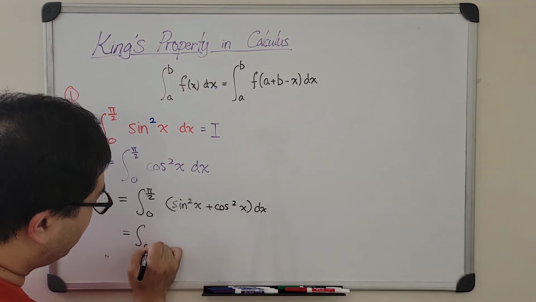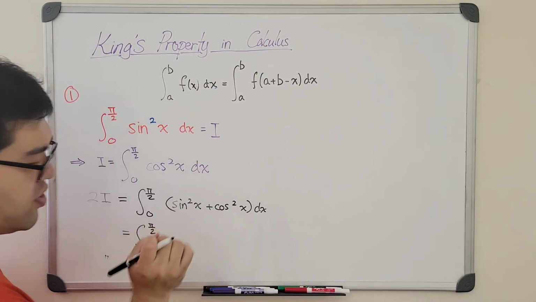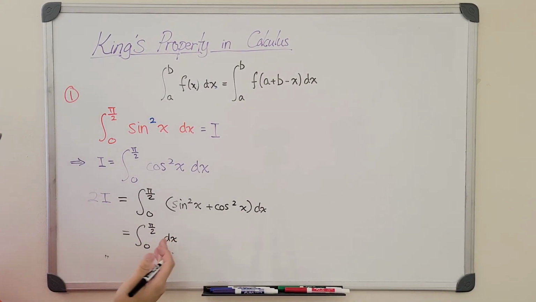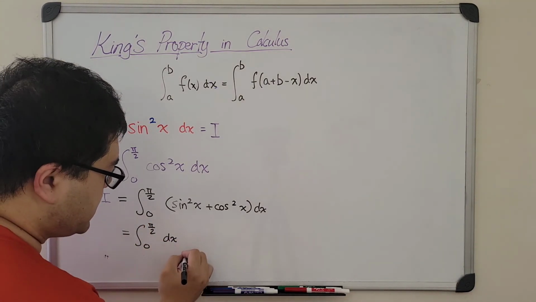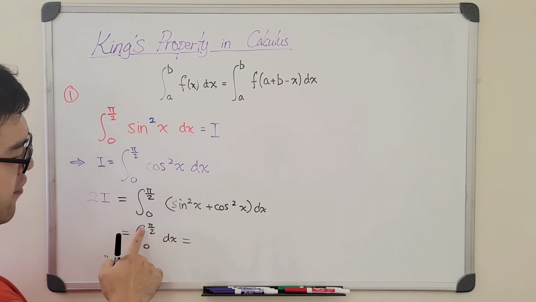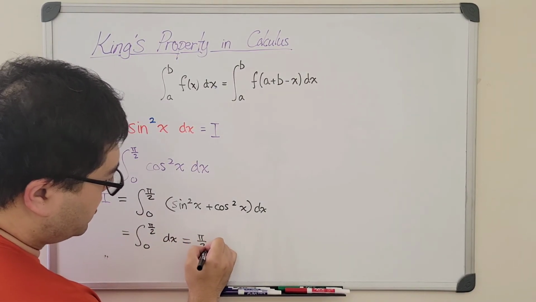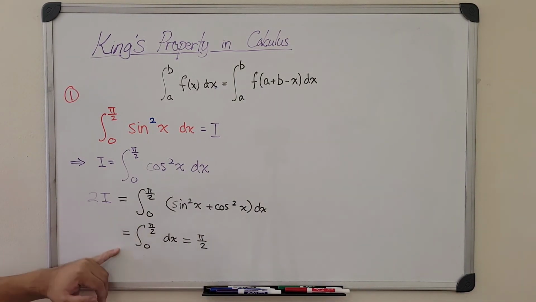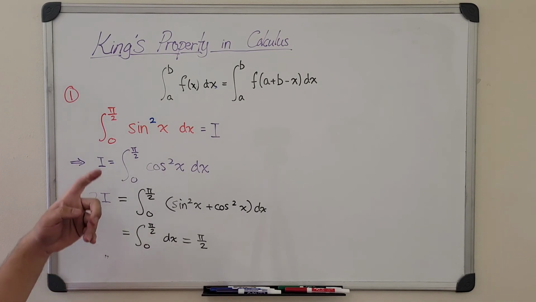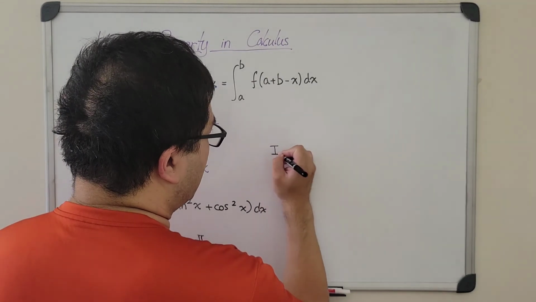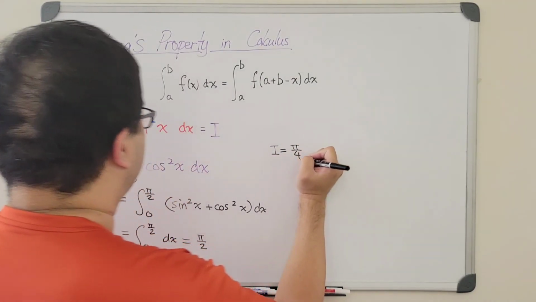So we can now simplify the sum of the functions into just 1 times dx, which is the integral from 0 to pi over 2 of dx, which means by taking the integral, we will just have pi over 2 minus 0, which is pi over 2. So now, to find out what I is, we just need to divide by 2 to get that I equals pi over 4.